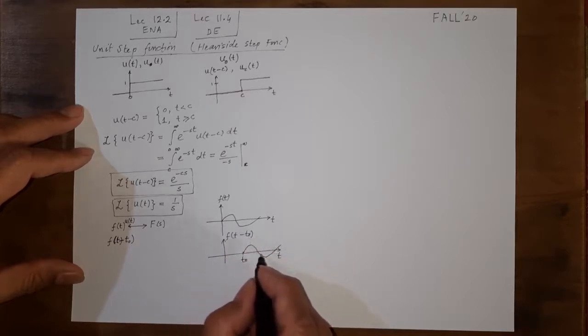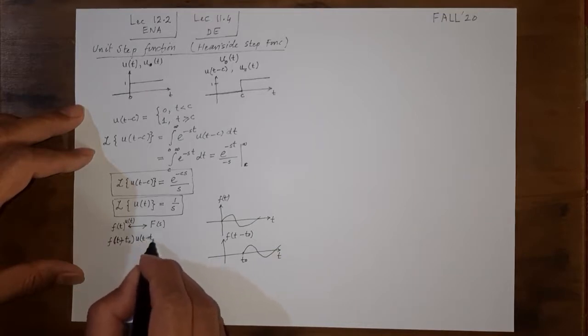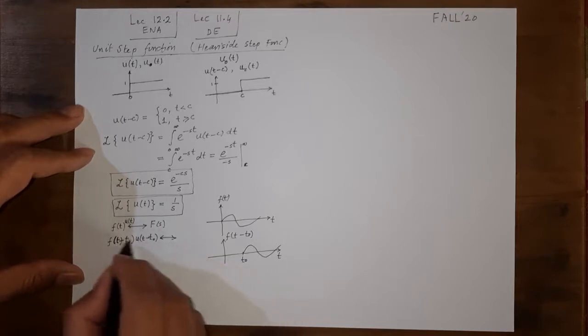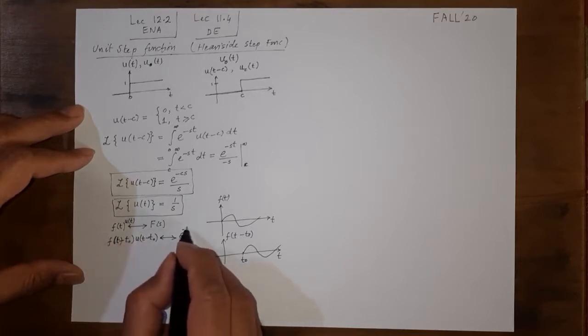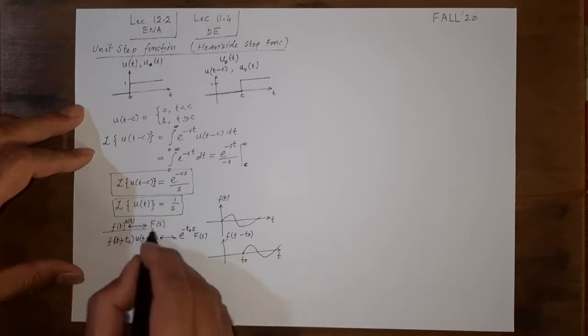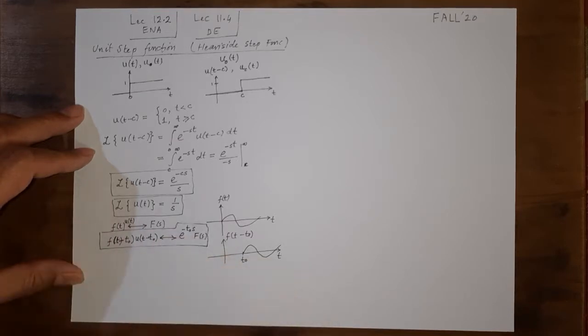The function starts after the t naught delay, and the associated u(t) also becomes u(t minus t naught). Then the Laplace transform for this shifted version of the function will be e raised to the power minus t naught s times F(s). This is a very important result, and often we are going to make use of it.